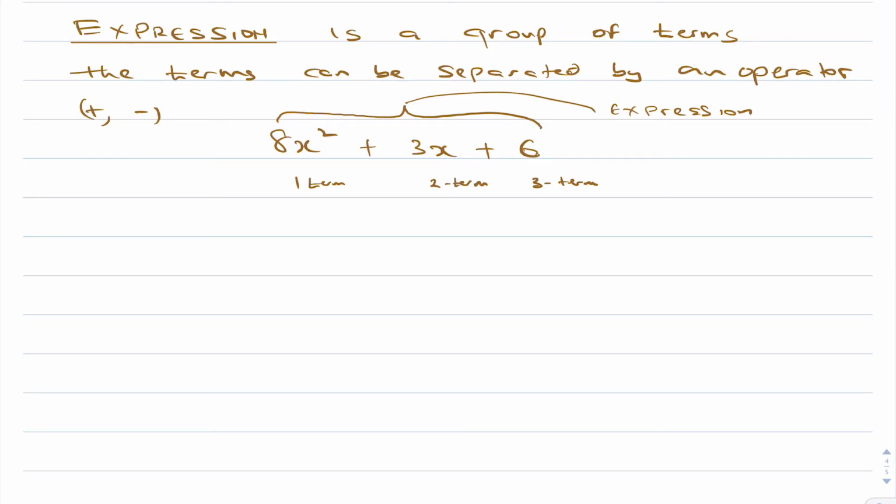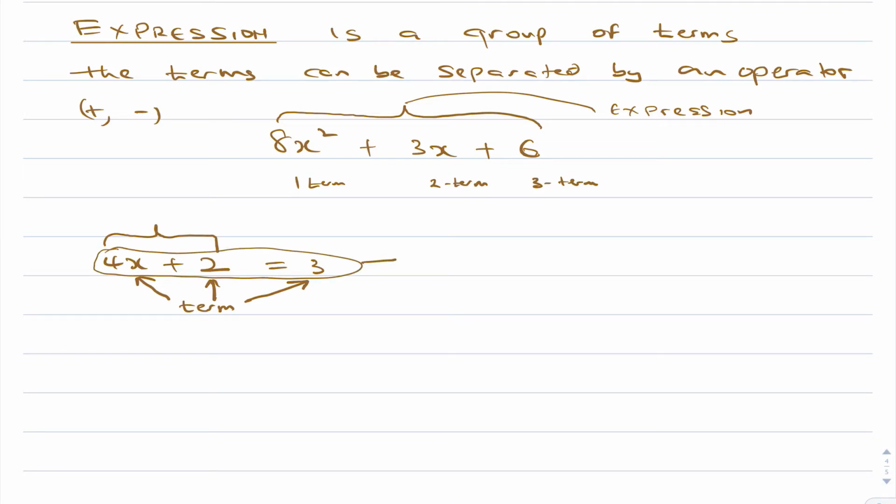Let's write another expression, and this time we put an equal sign. So I have 4x plus 2 equals 3. And these are three terms: 1, 2, and 3. Those are three terms in this case. But the expression is here, and the whole thing is called an equation.